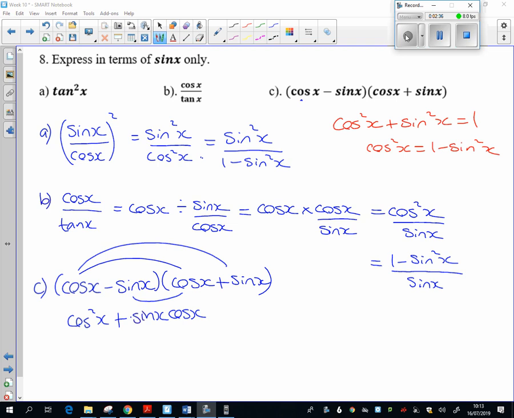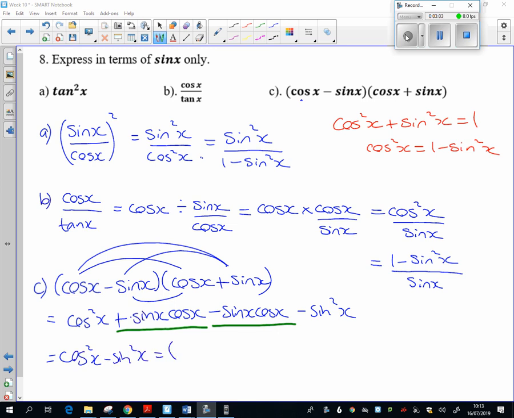I've got minus sine x times cos x, and I've got minus sine x times sine x. Okay, so those middle two terms are cancelling. Yeah, I've got plus sine x cos x minus sine x cos x. So that just goes to cos squared x minus sine squared x.